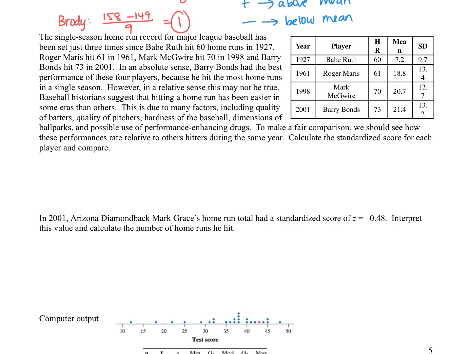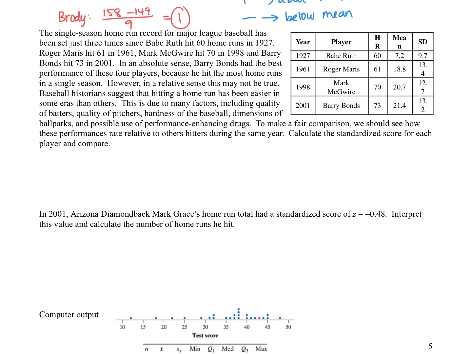So really, is he the best relative to those 4 players or relative to the people that he played with? When it says calculate the standardized score, what it's asking us to do is calculate a z-score for each player. What I want you to do is in your partnership right now, one of you do Babe Ruth and Roger Maris, the other one do Mark McGwire and Barry Bonds.